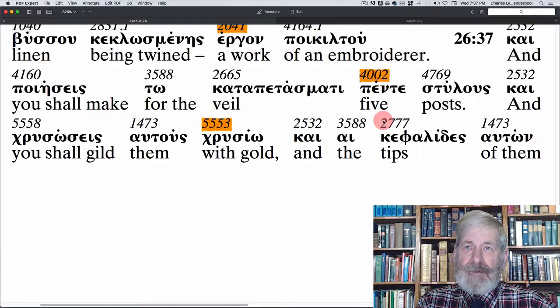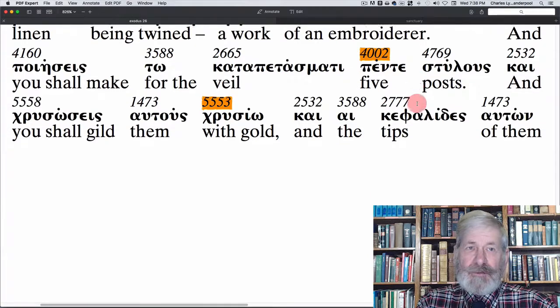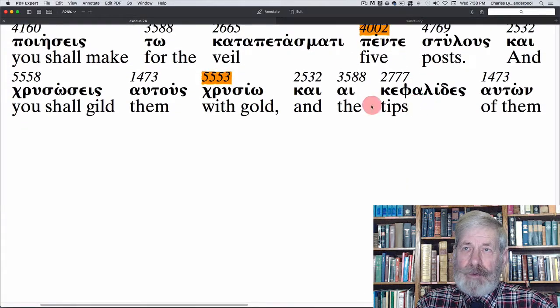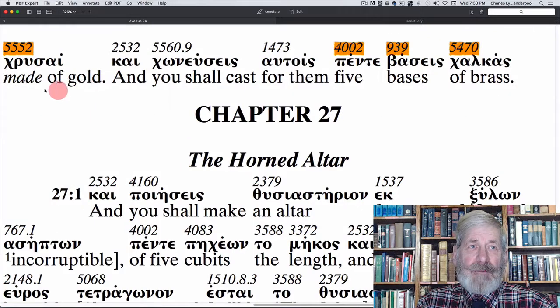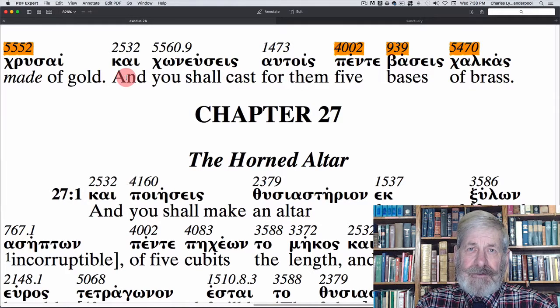And you shall make for the veil, and this would be that veil, 5 posts, and you shall gild them with gold, and the tips of them made of gold, and you shall cast for them 5 bases of brass instead of silver. So the bases of these in the front are not as with as rare a metal as the inner posts.